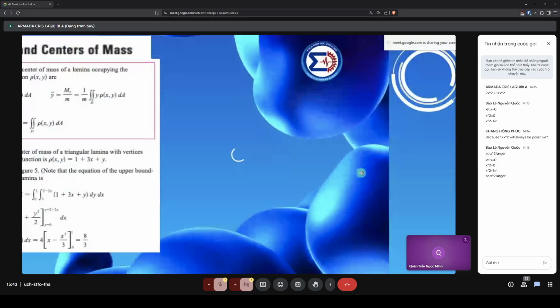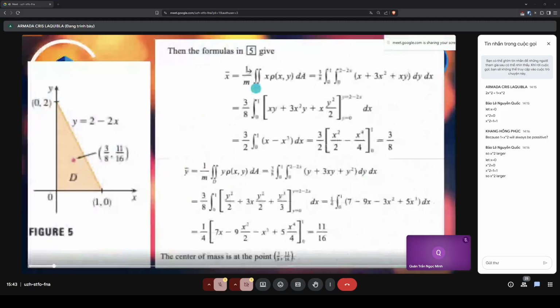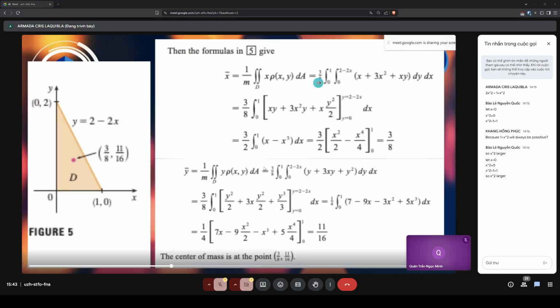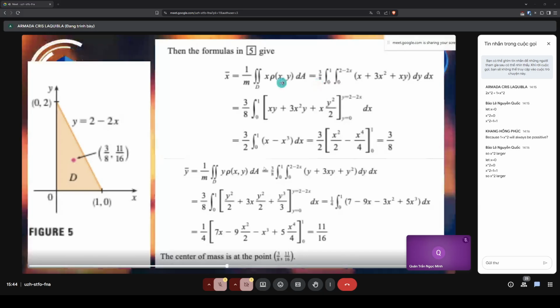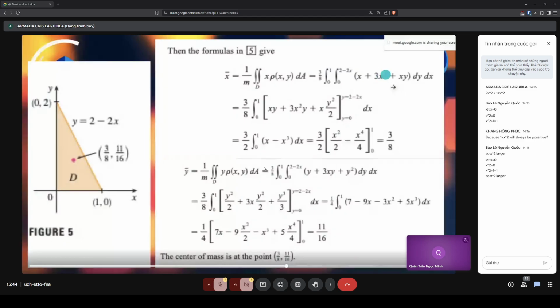And that is what we are going to do with our x bar. So it's here, 1 over m. Okay. Since your m there is 8 over 3, the 1 over m becomes 3 over 8. Now, multiplying x to your rho function, I told you this becomes x plus 3x squared plus xy.